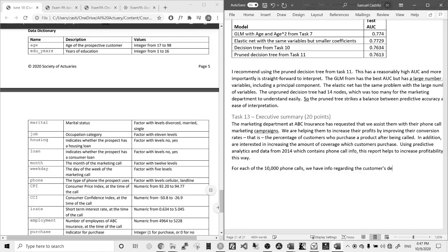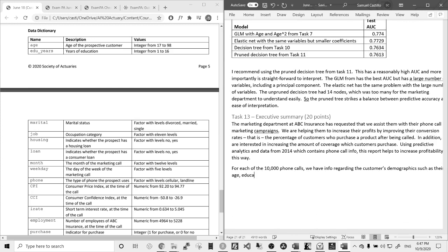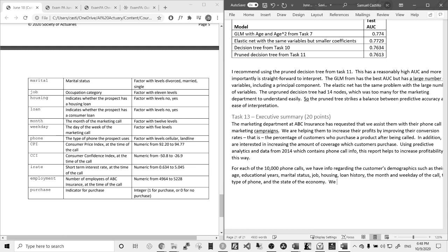Customers' demographic, such as their age, educational years, marital status, job, housing, loan history, the month and weekday of the call, type of phone, and the state of the economy. We are given whether each customer purchased an insurance product or not.